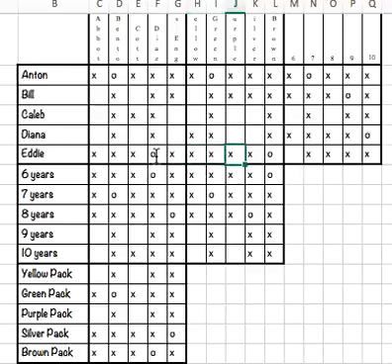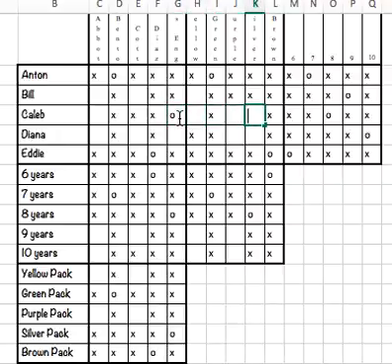And we know that Eddie has to be the 6-year-old, so we can go in this direction as well. And Eddie's 6, and X's in the rest of that column, which then tells us that Caleb is 8. So if Caleb is 8, what else do we know about the 8-year-old? If we go to the 8-year-old, we know that the 8-year-old has a silver pack. And the 8-year-old is in Miss Ng's class, so Caleb must be in Miss Ng's class because he's the 8-year-old.